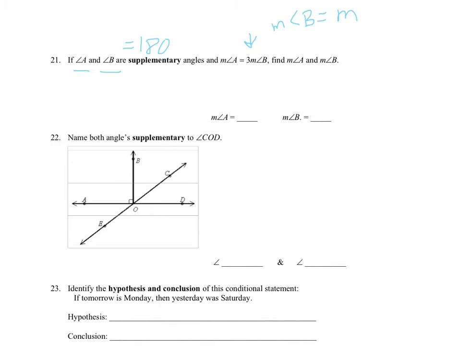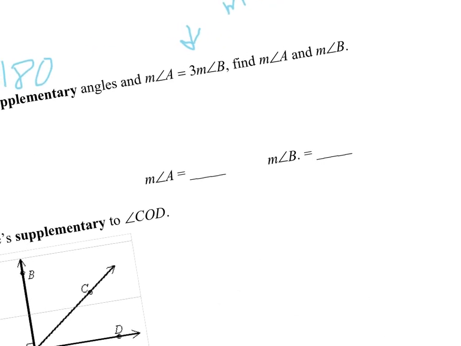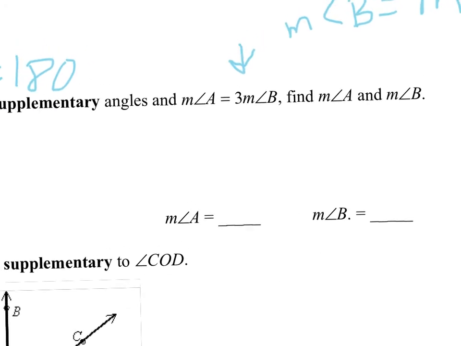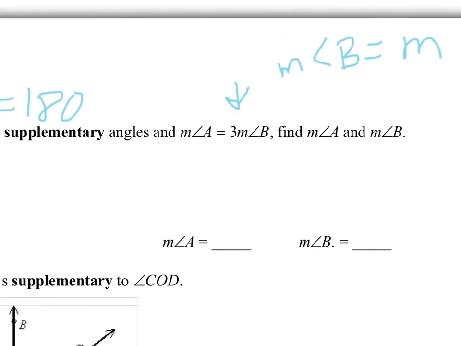Okay, so let me zoom in here. If this is the case, then that means that angle A, 3m, plus angle B, which is m, is going to equal 180 degrees.